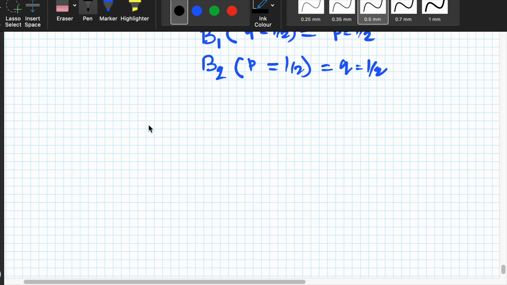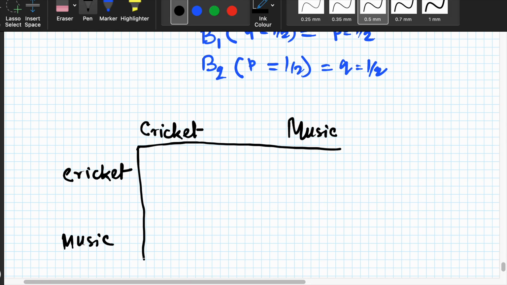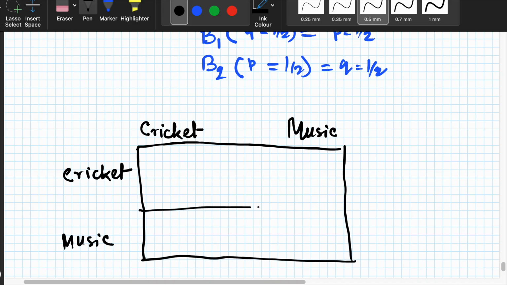One option was cricket, another option was a musical concert, music. The payoffs are 2, 1, 0, 0, 1, 2.